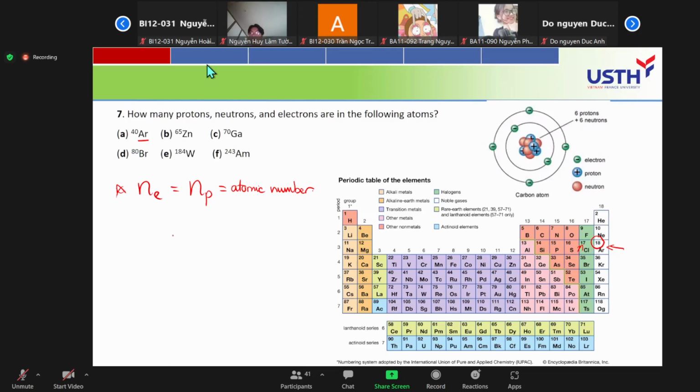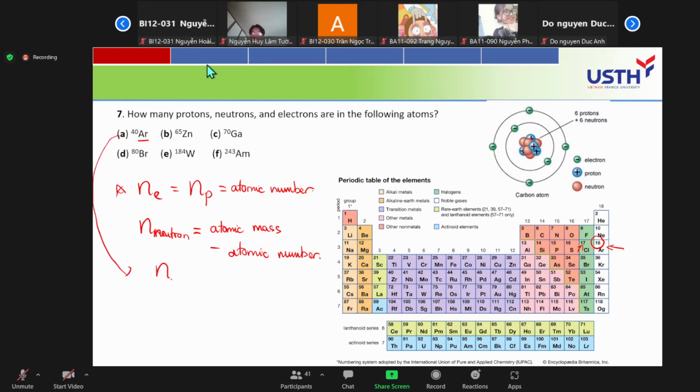From that, to calculate the number of neutrons, you have to take the atomic mass and subtract the atomic number. So for example, the first case, argon here with the mass of 40.